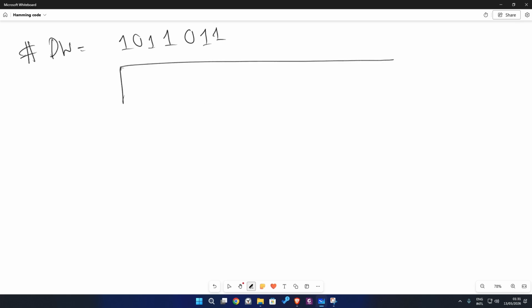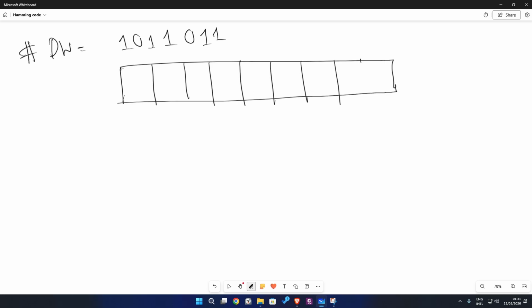Let us now consider an example. We will now finally step into the process of Hamming code. So let us consider the data word is 1 0 1 1 0 1 1. Okay, let's create a table: 1 2 3 4 5 6 7 8 9 10 and 11.